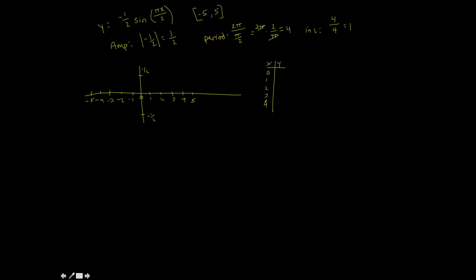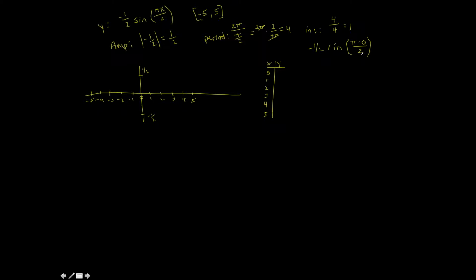But what I'm going to do is I'm going to go ahead and do 5 while I have it here, since there's only one more above our period, and that way it'll make it a little easier when we go back the other direction. Okay, so take 0, plug it in. So essentially what that's going to give us is -1/2 times the sine of pi times 0 over 2.